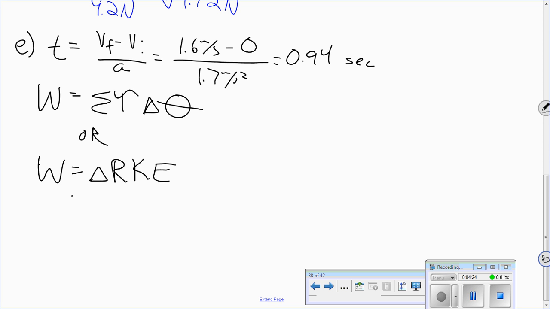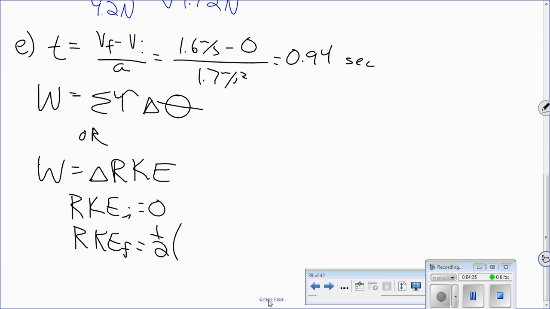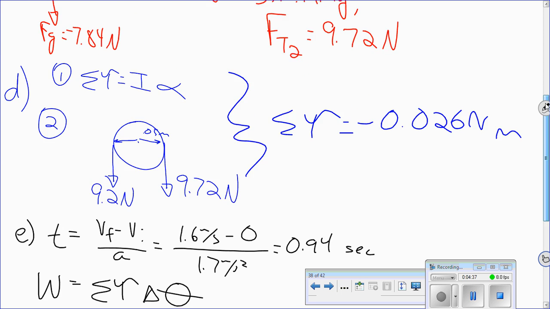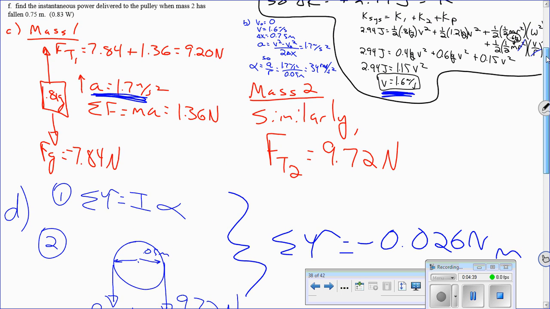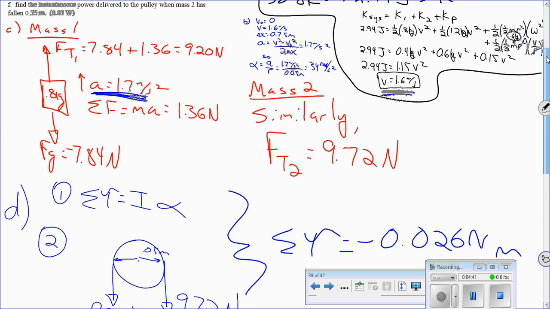Because I know that my RKE initially is 0, and my RKE final is 1/2 times I times omega squared. Did we find I at some point earlier? Oh yeah, you found it when you did torque equals I alpha.